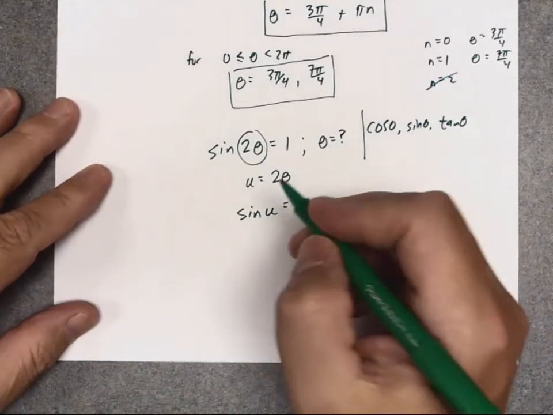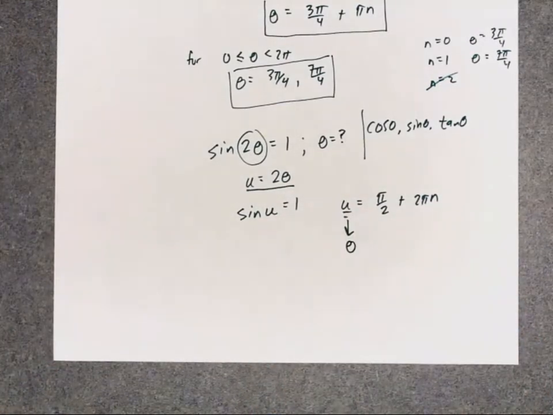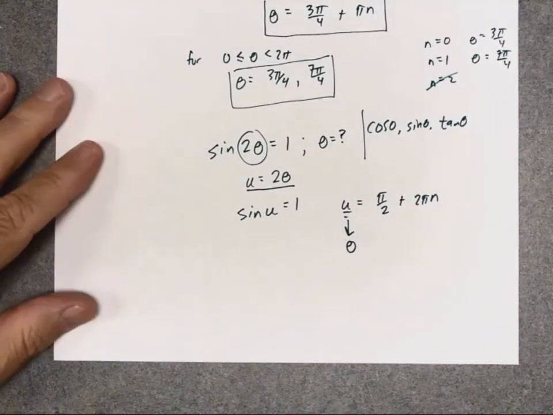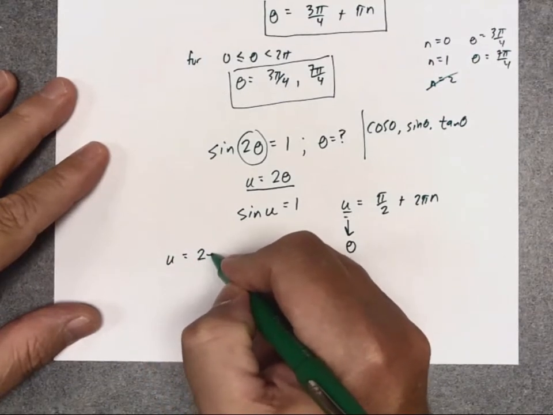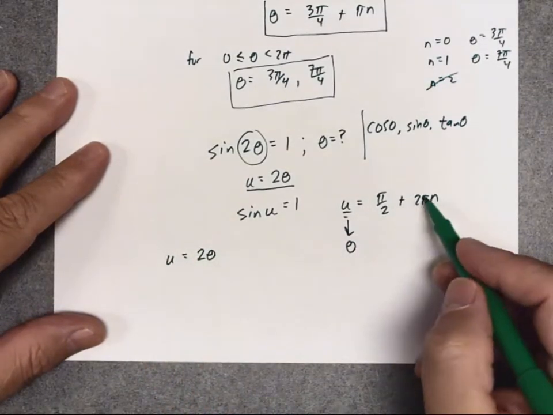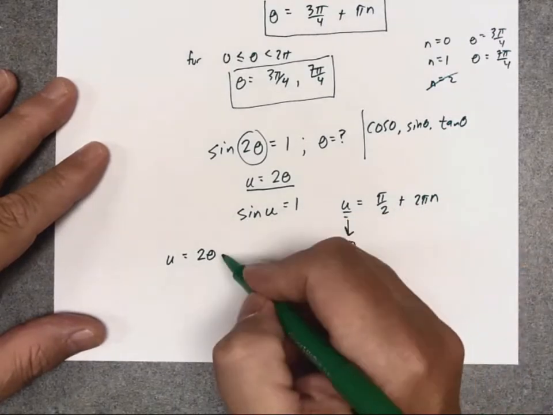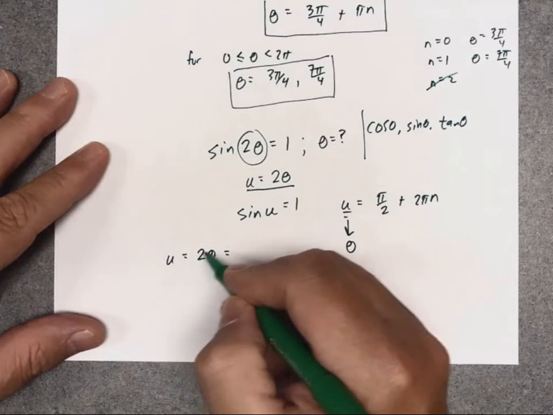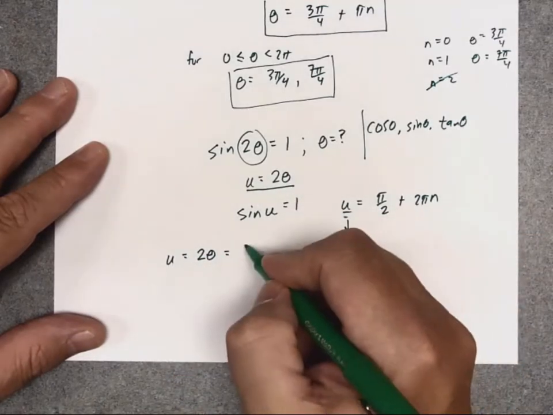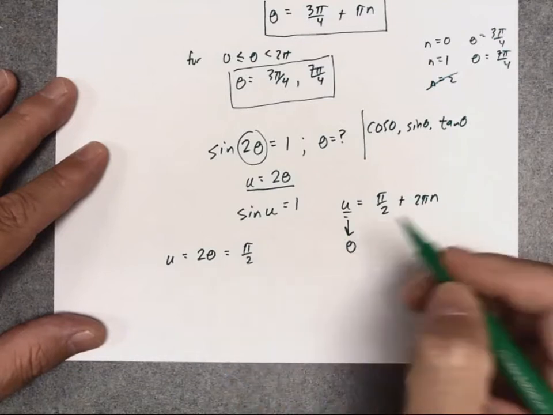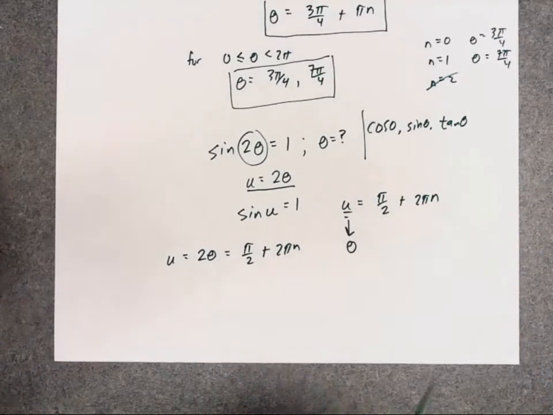And all you do is you go grab your original definition when you first defined u. U equals 2 theta. And now I'm going to go over here. This is my u solution, so I can say u equals 2 theta from up here, but u also equals pi over 2 plus 2 pi n.